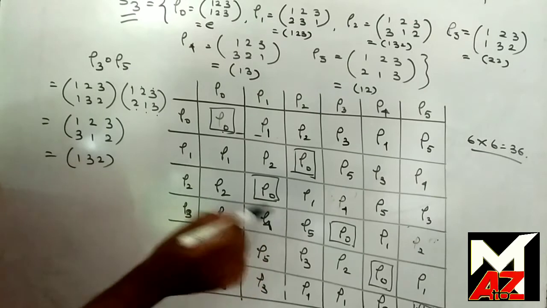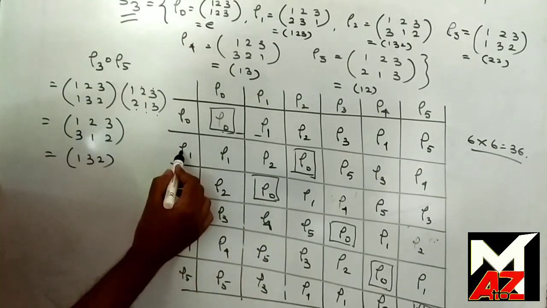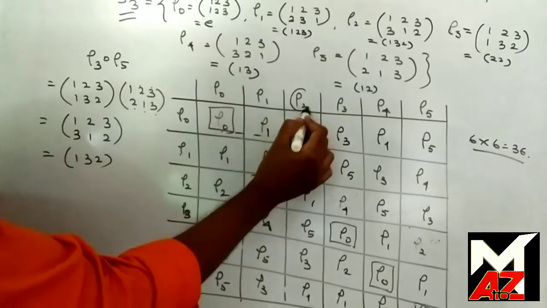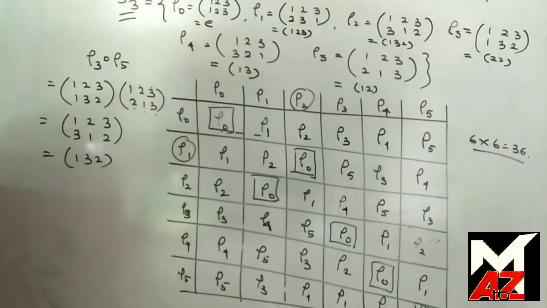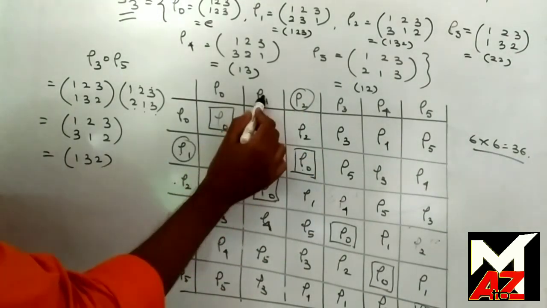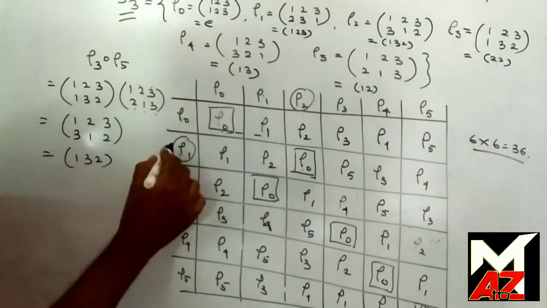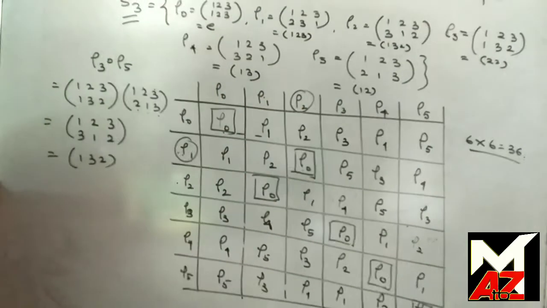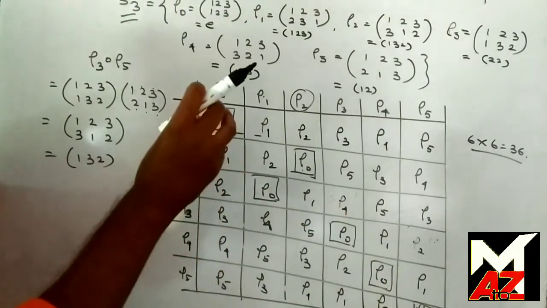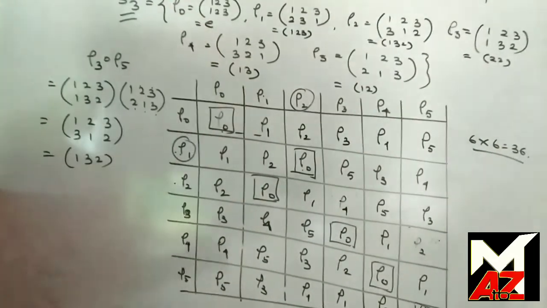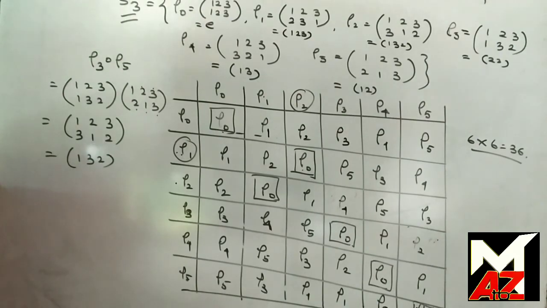And from this we say that the inverse of row 1 is row 2. Row 1 and row 2 give row 0, and the inverse of row 2 is row 1. So row 1 inverse equals row 2 and row 2 inverse equals row 1, and similarly we get all the inverses, and these are from the set S3. So the inverse property also holds.